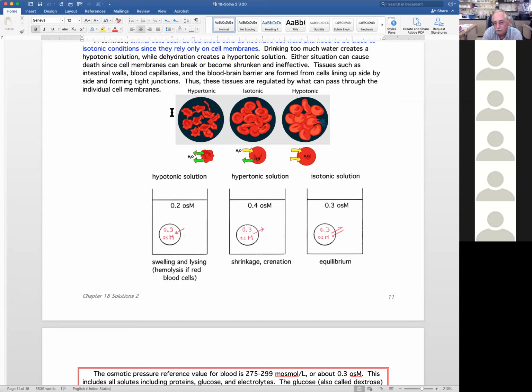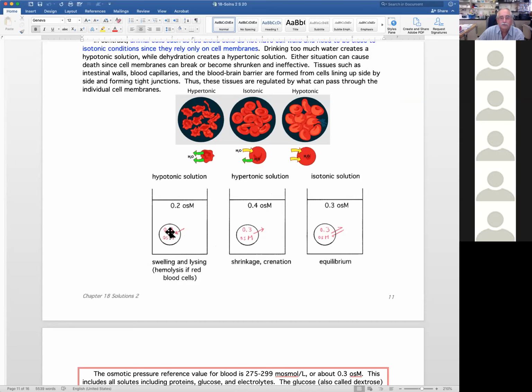Red blood cells start to shrivel up like this, and we say that they're crenated. So if I take a blood sample and I look at a dehydrated person, what is the blood sample going to look like? It's going to look like this, crenated. If I take a hypotonic solution, there's less particles outside than there is inside. Where is water the most concentrated? Outside, so osmosis is going to go in that direction.